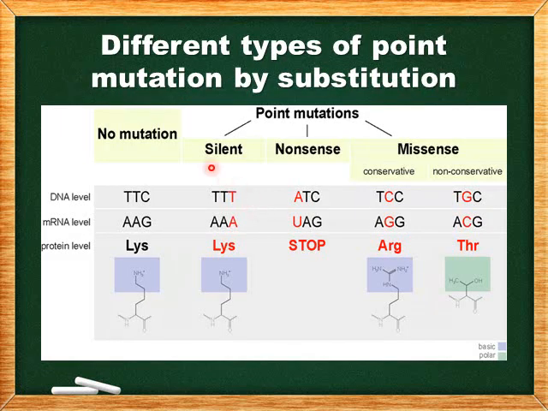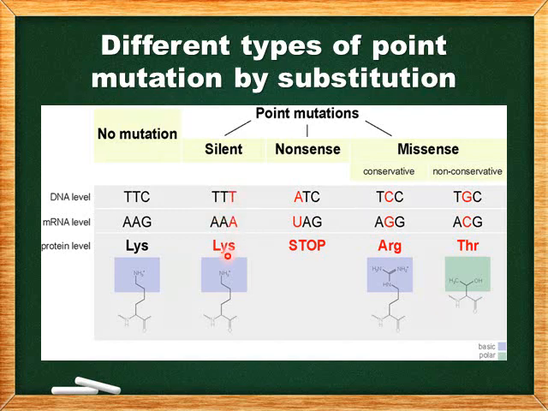Let's make a revision, or a summary, for the different types of point mutations that occur by substitution. Again, point mutation only takes place at one point. Here, when there is no mutation, TTC, messenger RNA AAG, and it codes for lysine. If the point mutation is silent, C is replaced by T, codes for AAA, but still giving lysine.